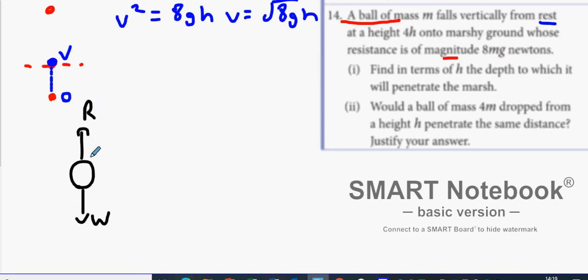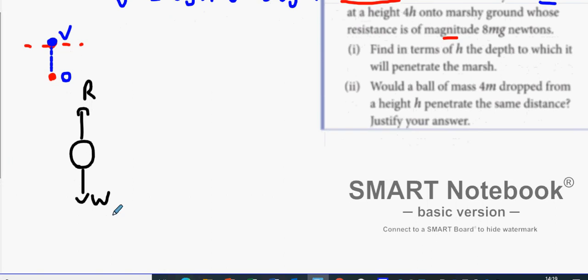Now, we know that gravity is mg. We know that the resistance is 8 mg. This results in a net force of 7 mg going upwards. The net force of 7 mg decelerating the object.